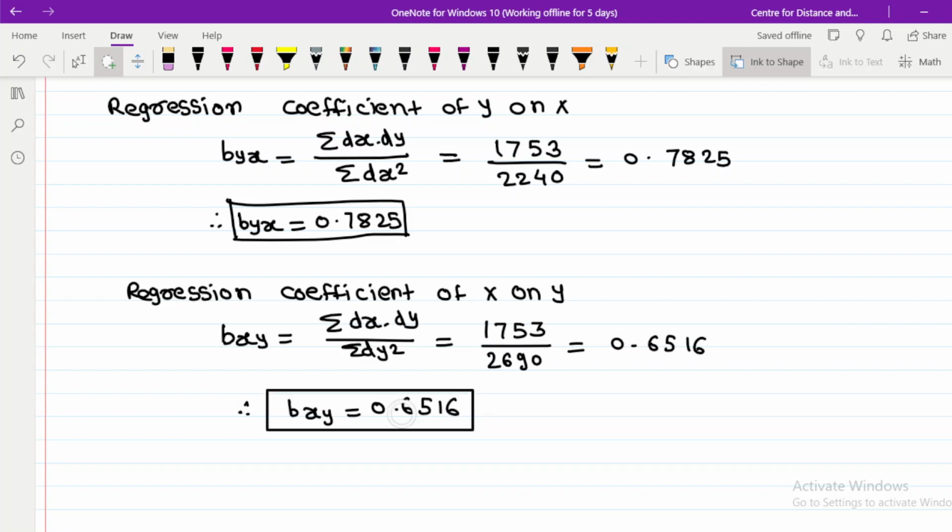Then in part B we have to find out the two regression equations.